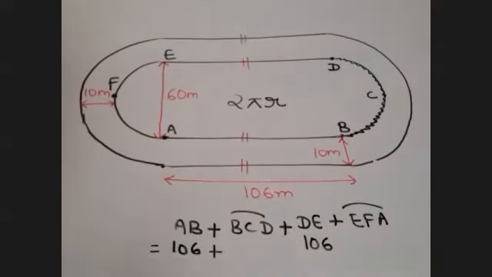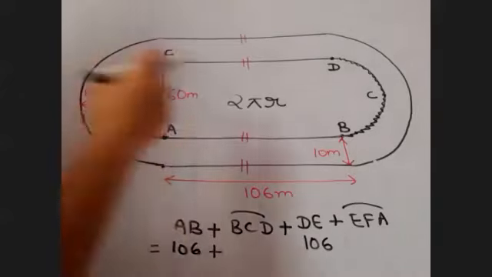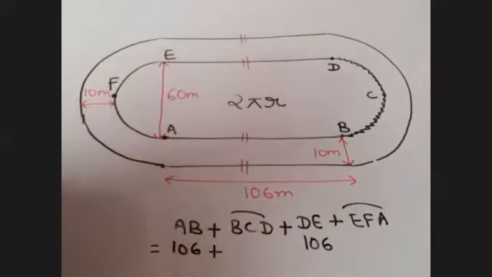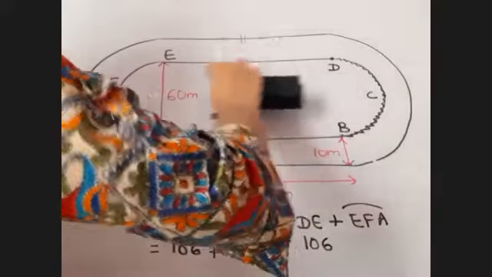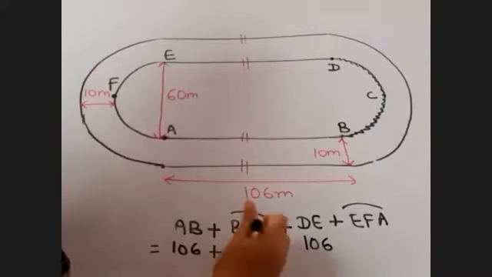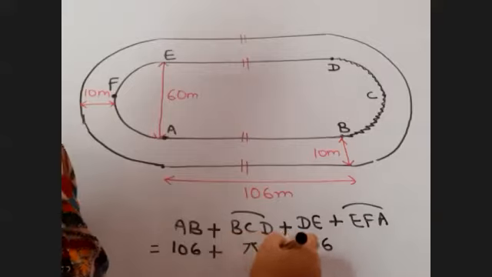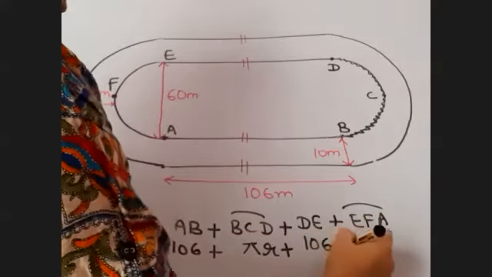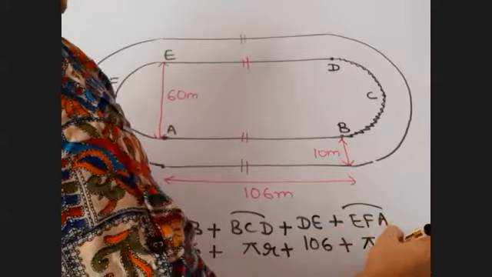So, what is the length of a half circle, semicircle? Pi r. So BCD has to be pi r, and likewise EFA has to be pi r.